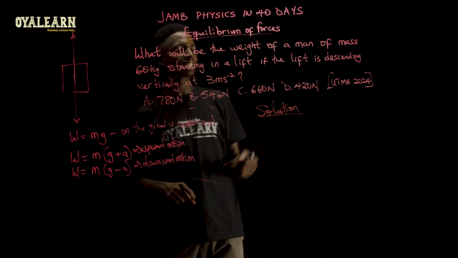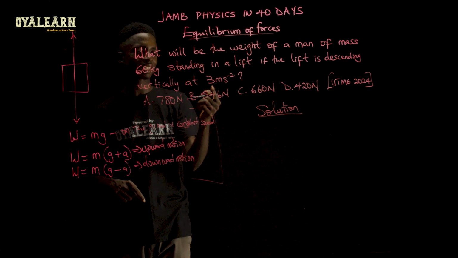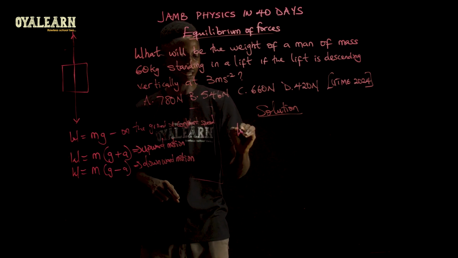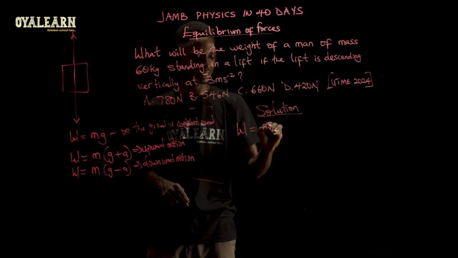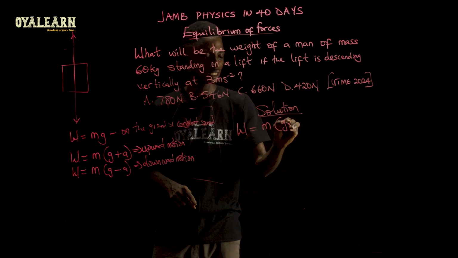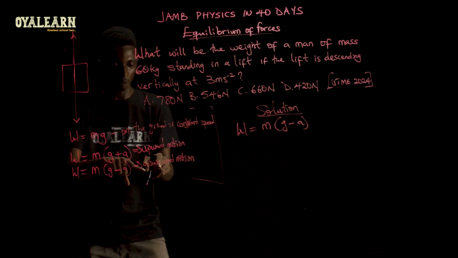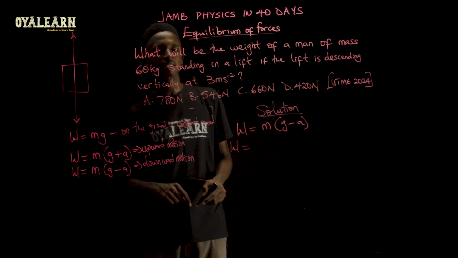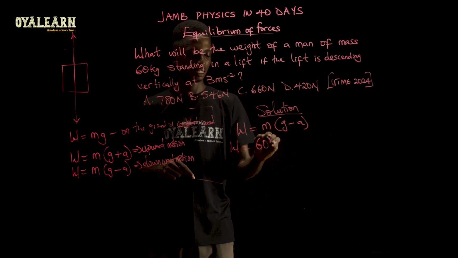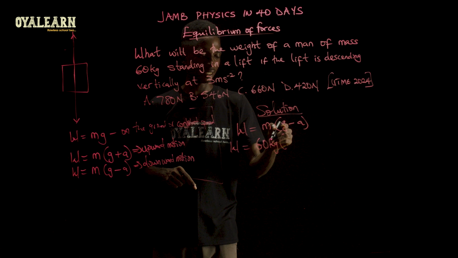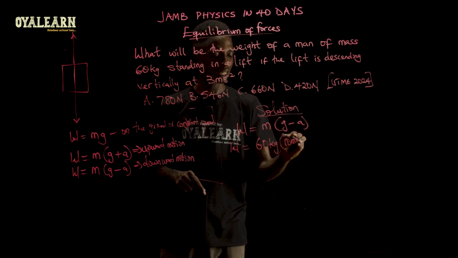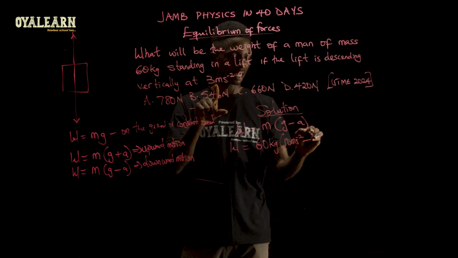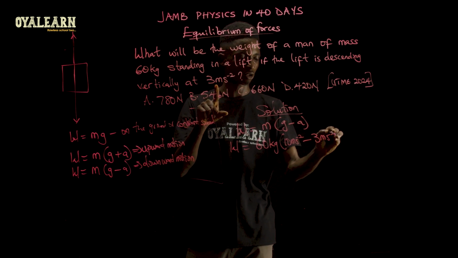In this case, the lift is moving downward and the acceleration A is 3 meters per second squared. So the weight would be mass into G minus A because it is coming downward. The mass is given as 60 kilogram, then 10 meter per second squared minus A, and A is given as 3 meter per second squared.